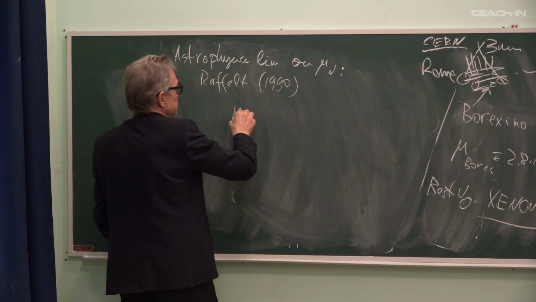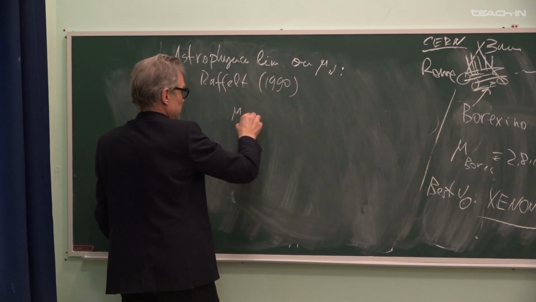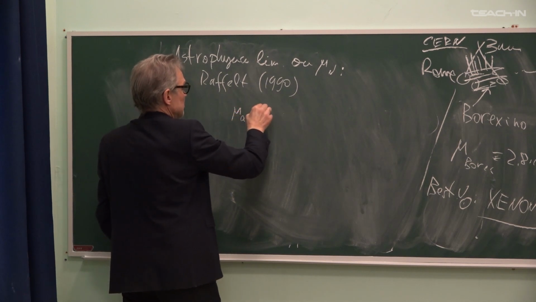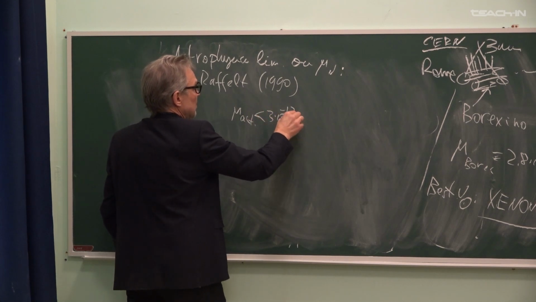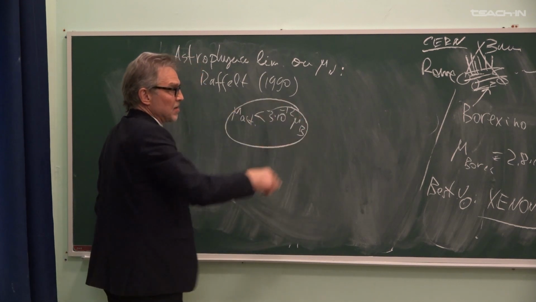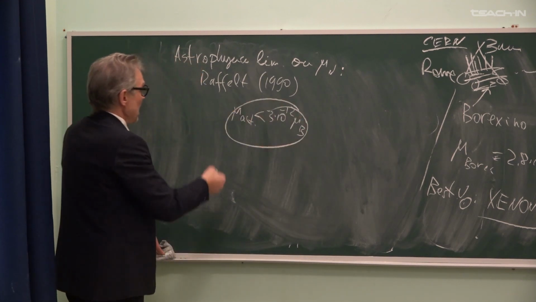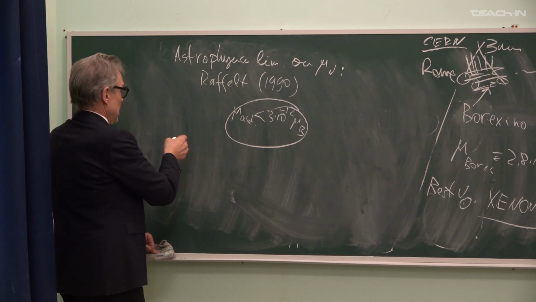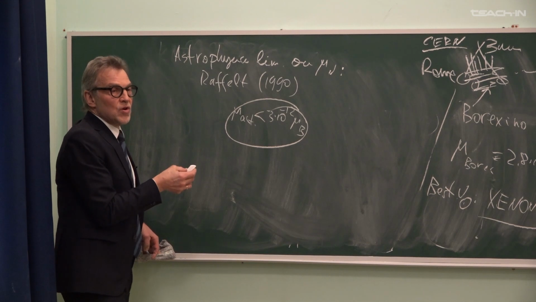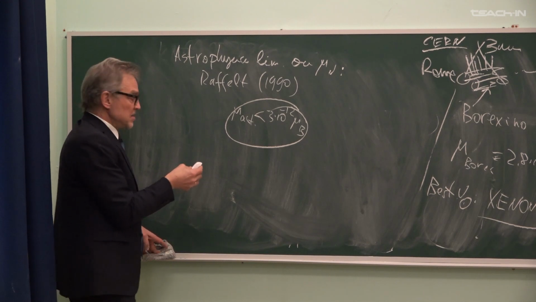This limit is like this, 3 times 10 to the minus 12 Bohr magnetons, slightly better than terrestrial limits. It comes from the consideration of the cooling of stars.